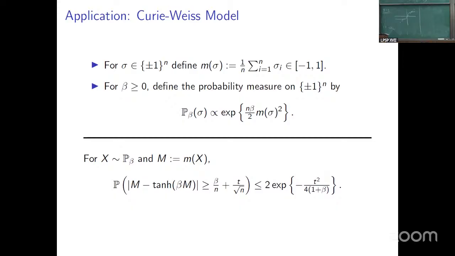That's the size of the set of sigma where m of sigma equals alpha, the number of those things, times the probability that this occurs, which is exp of n beta over 2 times alpha squared. Something roughly alpha squared, up to discretization.